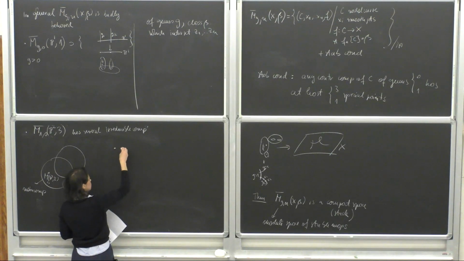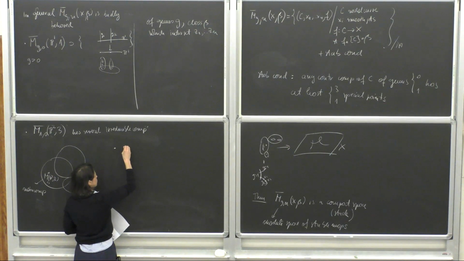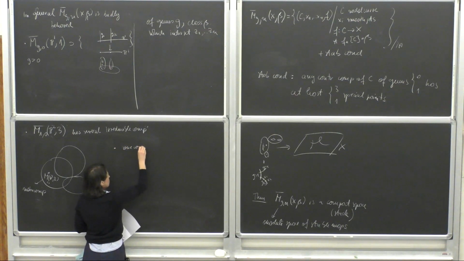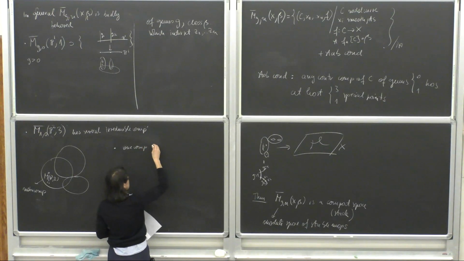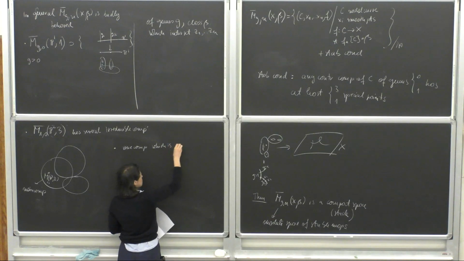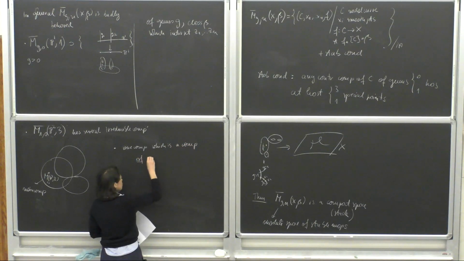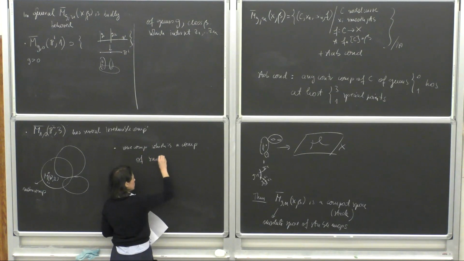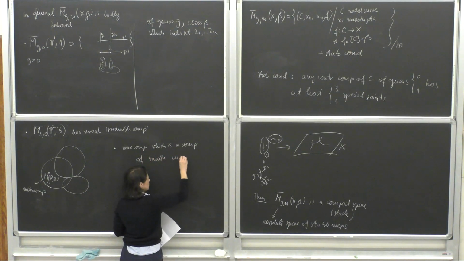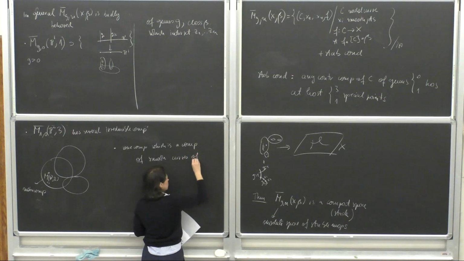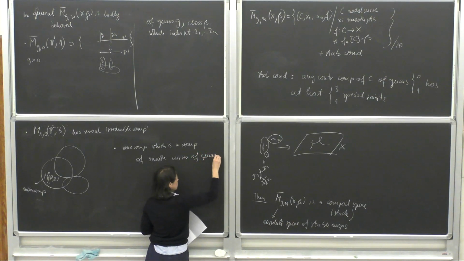So what will I have? I will have one component which is a compactification of smooth curves of genus 1 in P2.